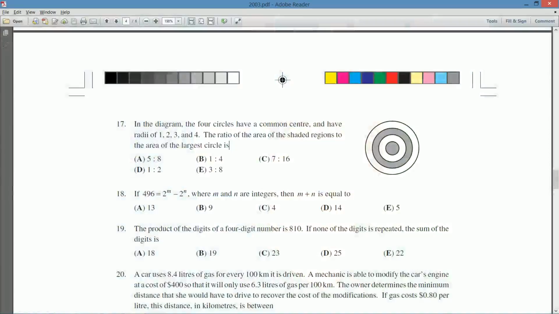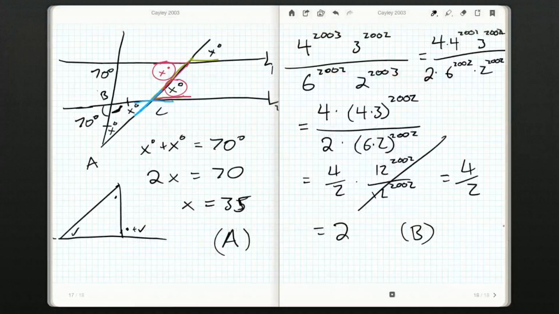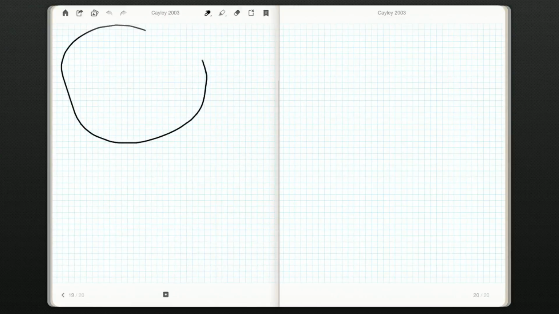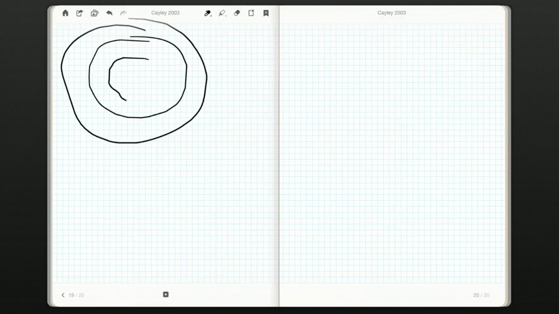Okay, so we've got a couple things to do. Let's get ourselves a brand new piece of paper. We're going to draw our picture as best we can. I know that's not a particularly good circle. But as I often say, what matters is whether or not the diagram makes sense to you. This is basically the circles. So I have this big circle, and it has a radius of 4.